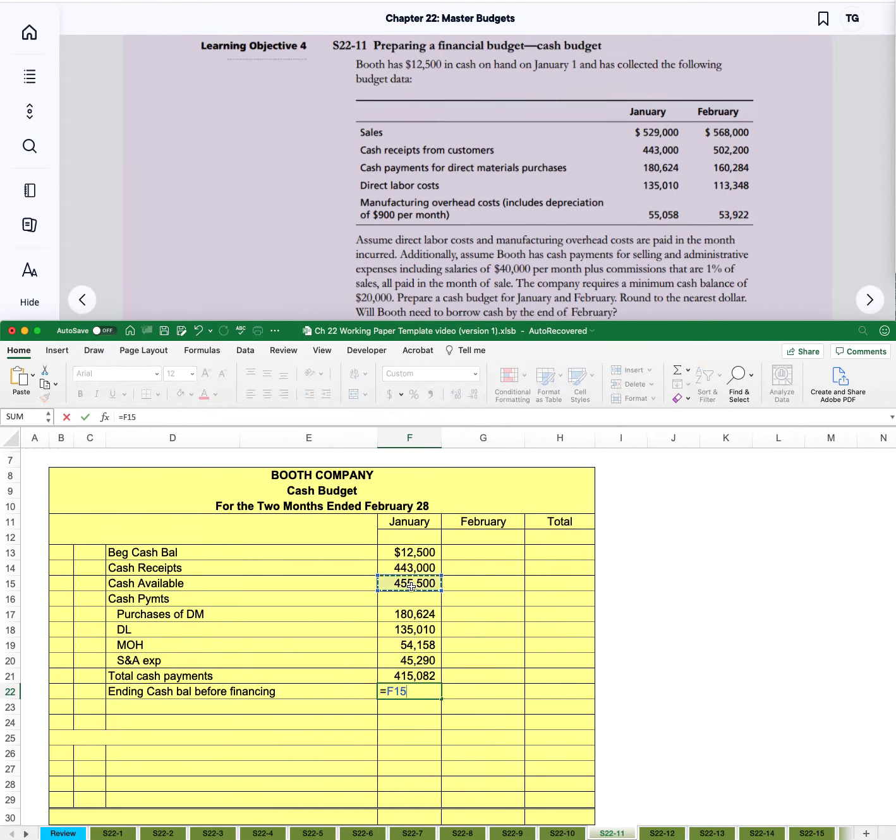So we'll take our cash available minus our cash payments for $40,418. Then we list the minimum cash balance desired, which was $20,000.